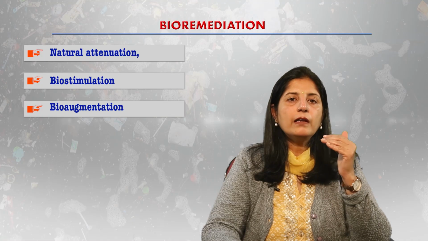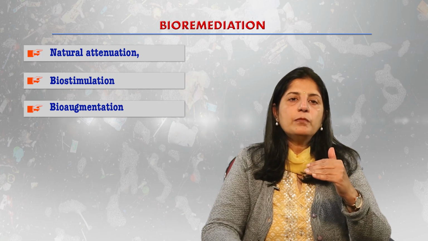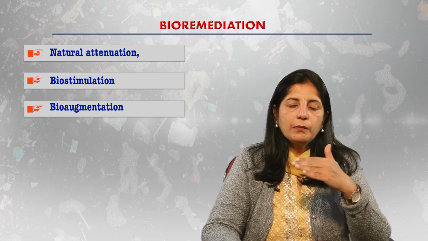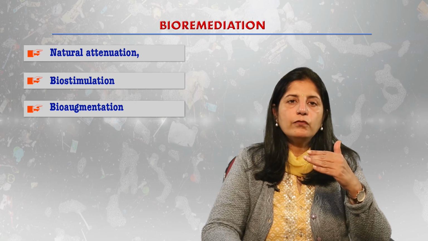Bioremediation of chemical compounds involves 3 steps. One is natural attenuation, second is biostimulation, and third is bioaugmentation. All these steps come in increasing order. First natural attenuation will be used, if needed biostimulation will be used, and if both do not work then bioaugmentation will be used.